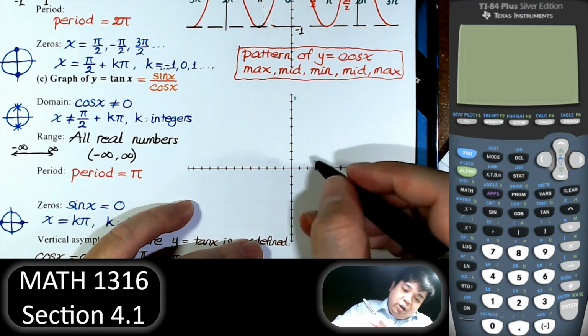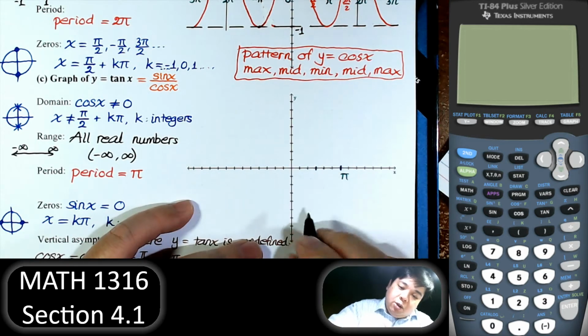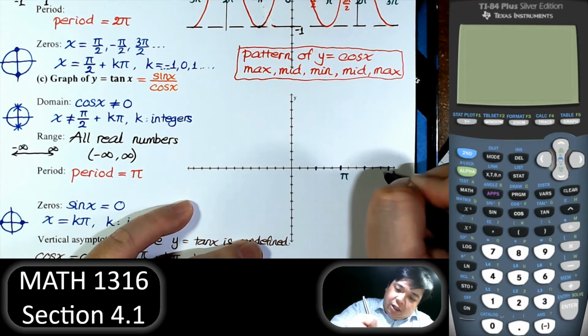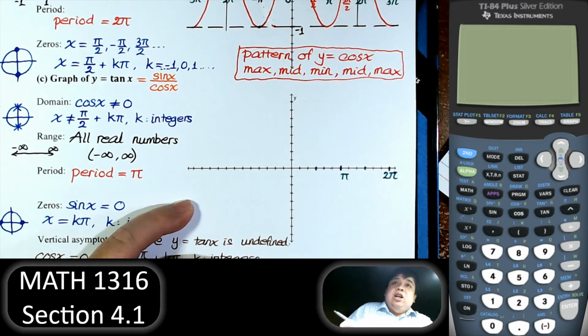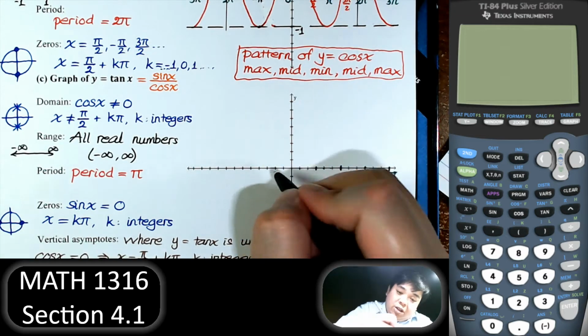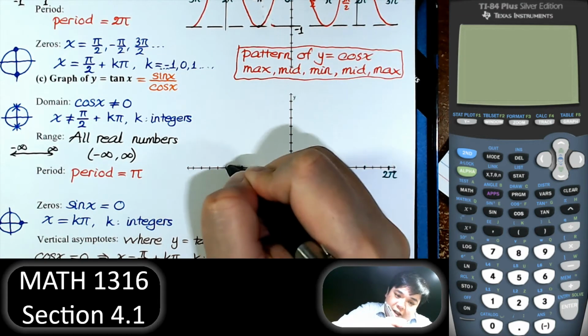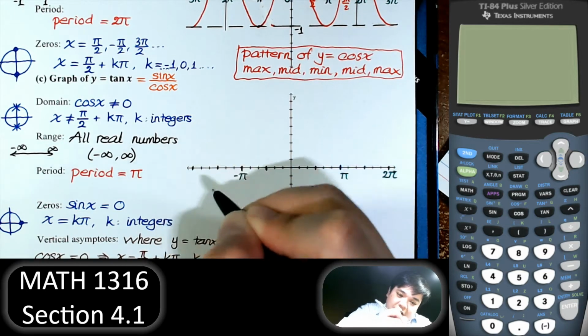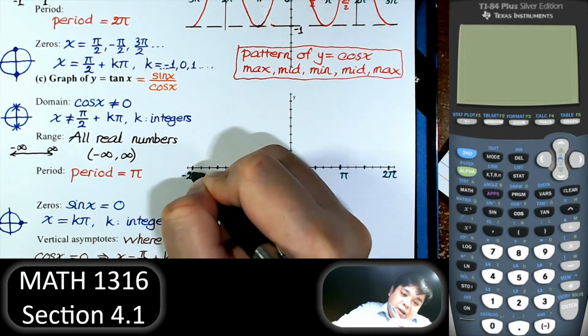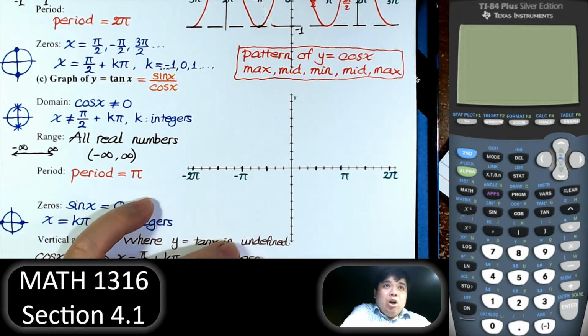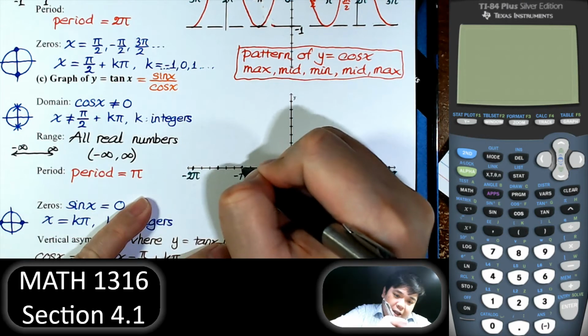Every 6 units is pi, and then 6 units more is 2 pi. The nice thing about this is we can choose the scale as we want to. We worry about the graph in a little bit, but those are the values we have.